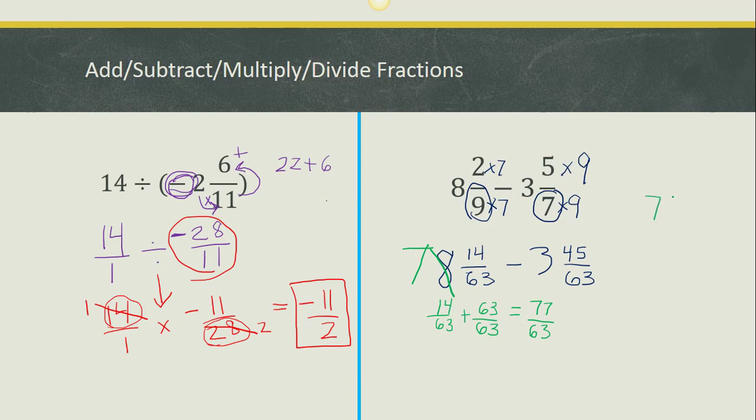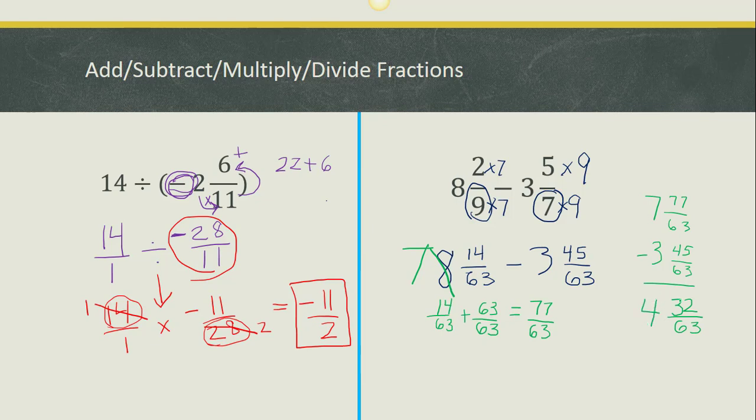So we have 7 and 77 over 63 minus 3 and 45 over 63. That gives us a total of 77 minus 45 is 32 over 63. And 7 minus 3 is 4.